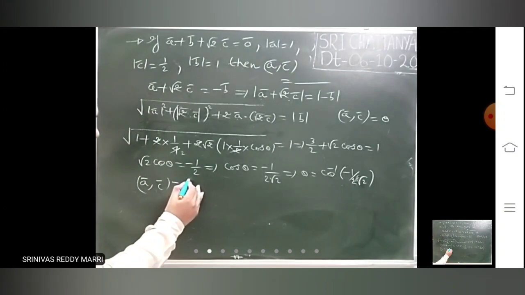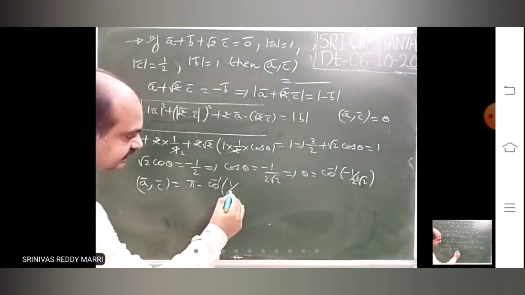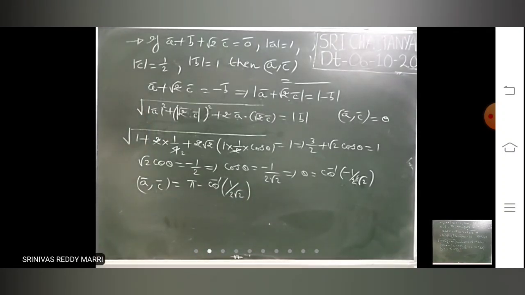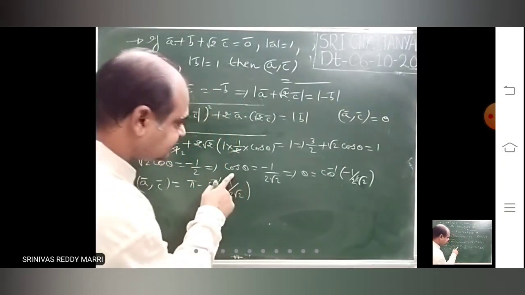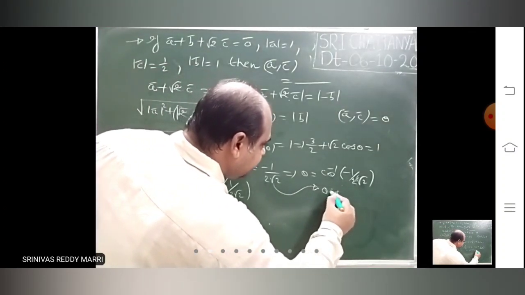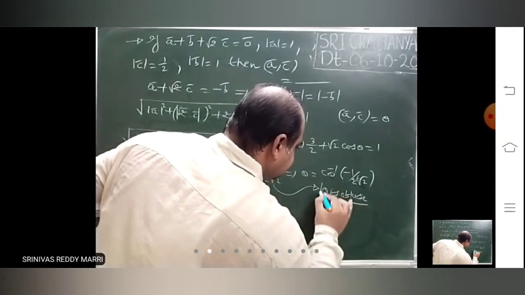Cos inverse of minus x means the answer can be given like this also: pi minus cos inverse 1 by 2 root 2. So theta is obtuse. Look at cos theta. Cos theta is negative, which means theta is an obtuse angle.